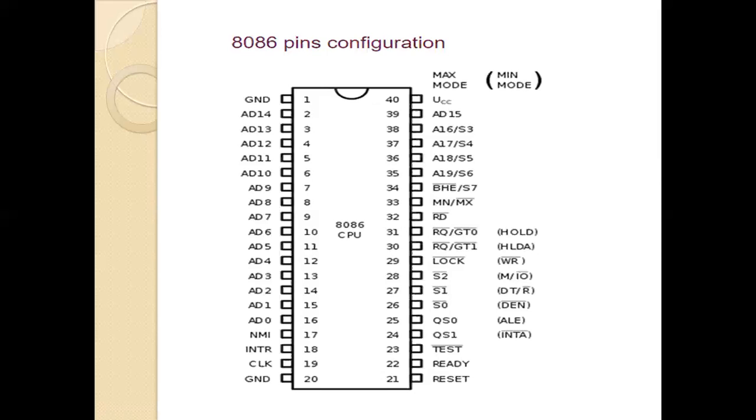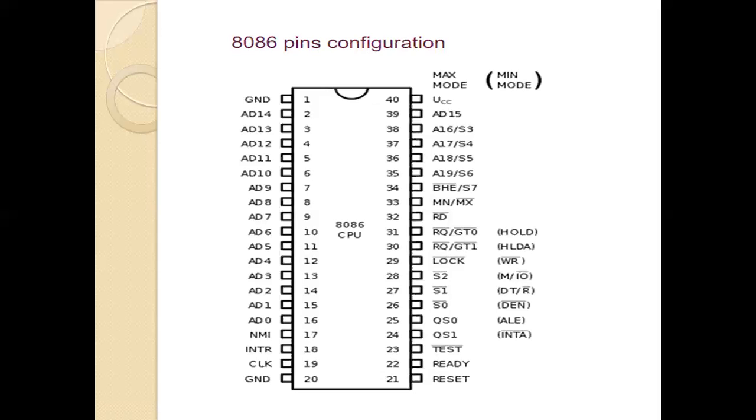It is available at pin number 22, and it is an acknowledgement signal from the input output device that data is transferred. If this READY pin signal is active, high, it indicates that the device is ready for transfer of data. But when it is in low state, it indicates a wait state.